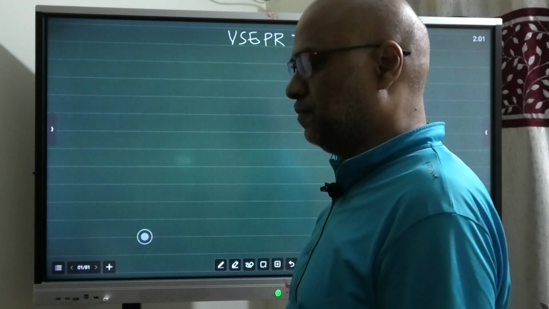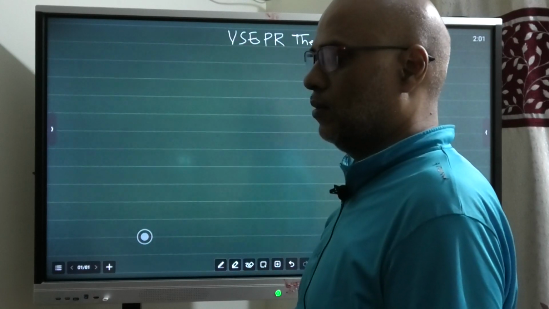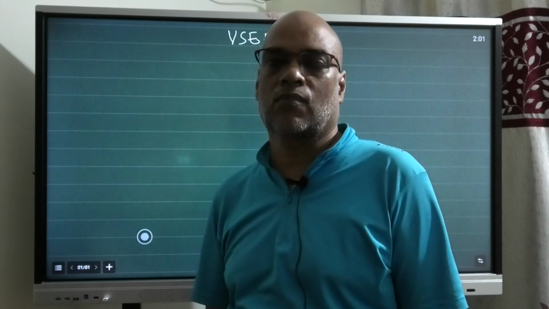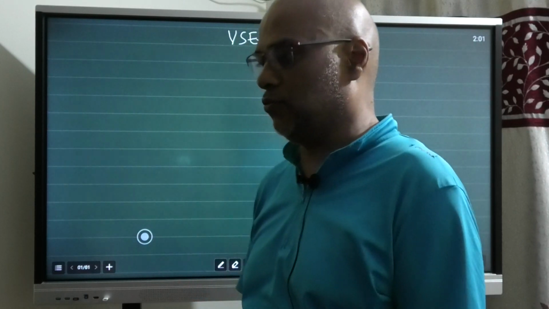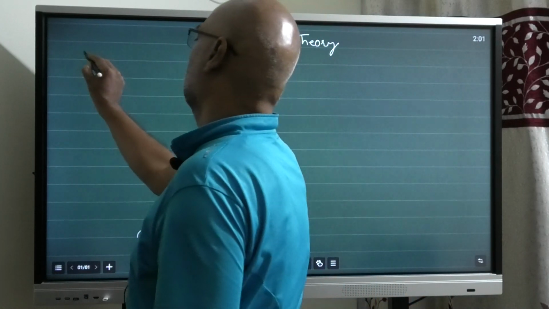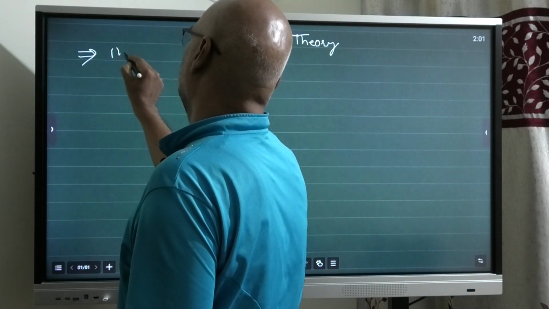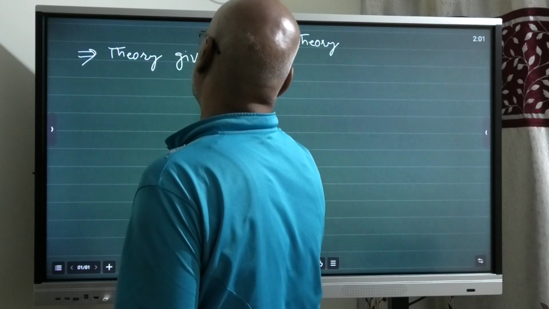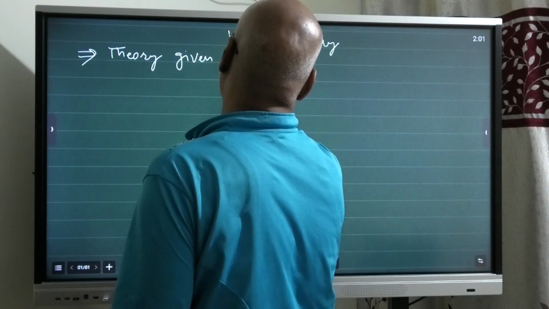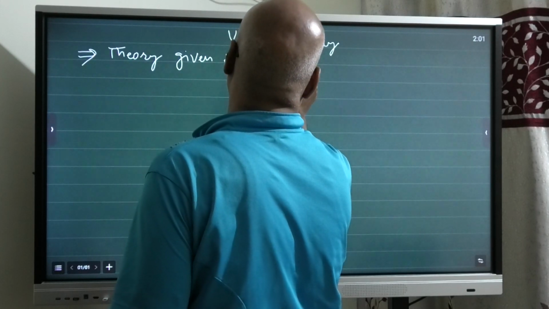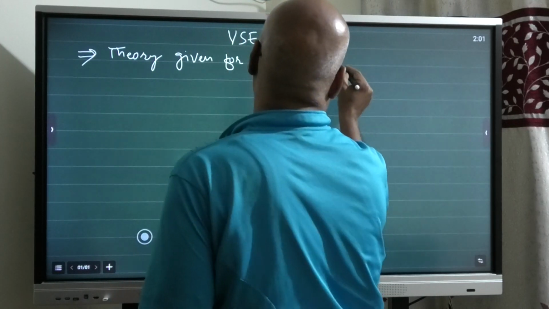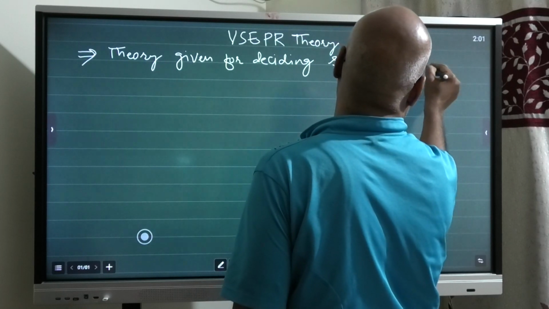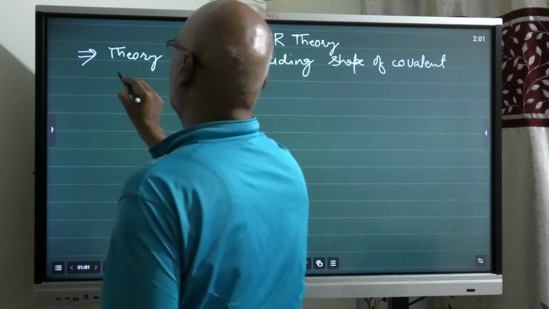It is basically a theory given for deciding the shape of covalent molecules.